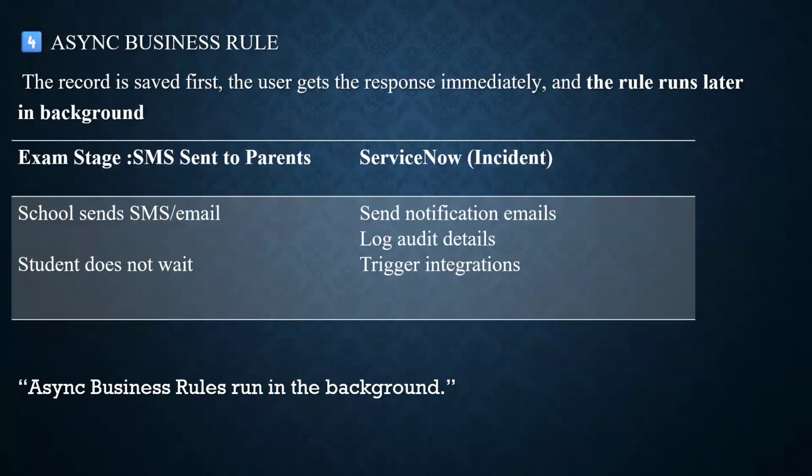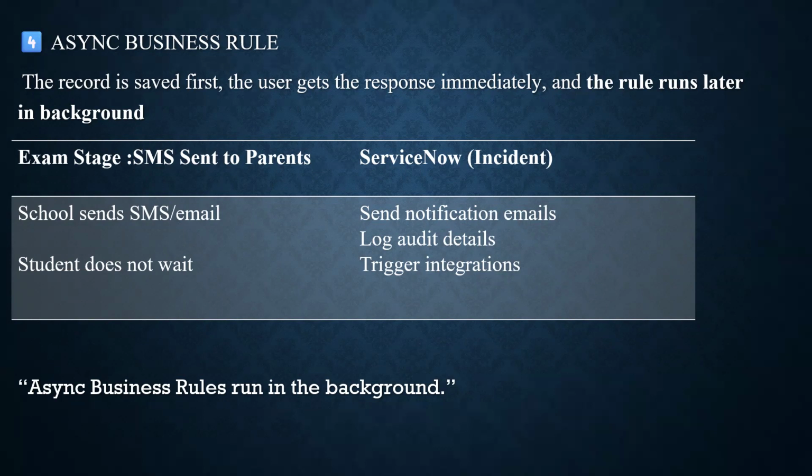Then the async business rule. The concept of an async business rule is that the record is saved first, the user gets the response immediately, and the rules run later in the background. Let's compare with the examination. The before business rule is like writing the examination.